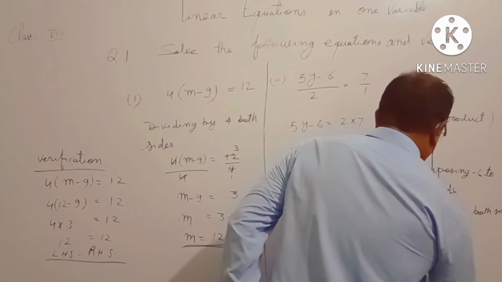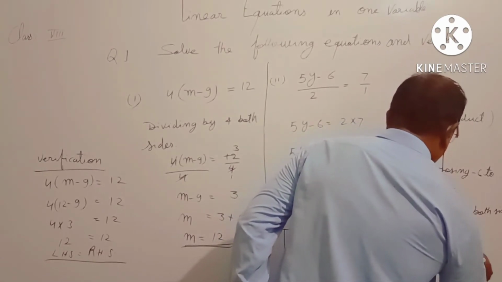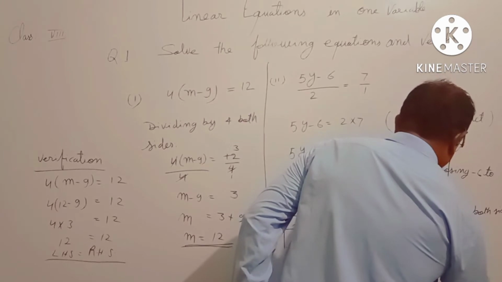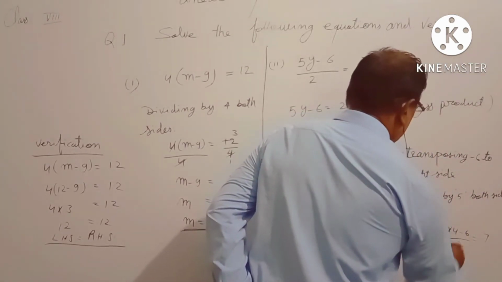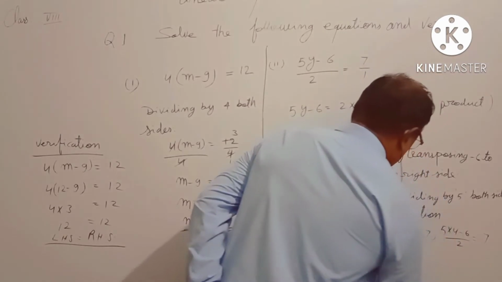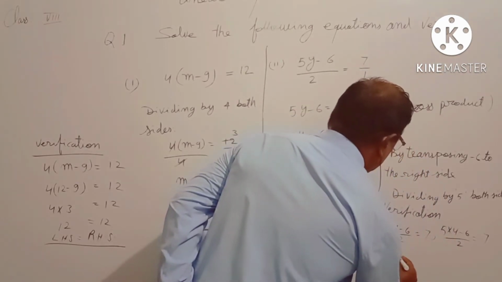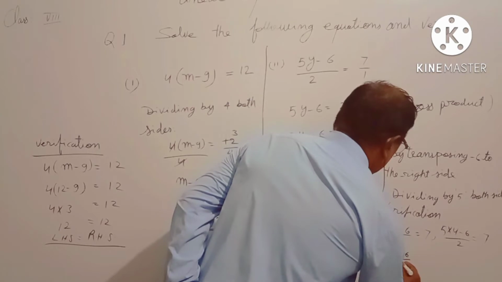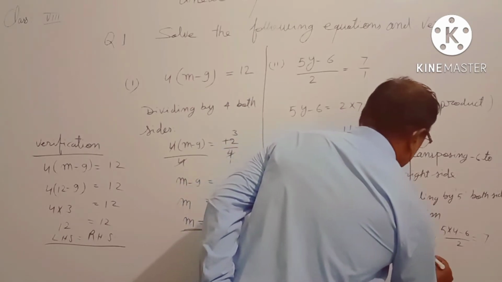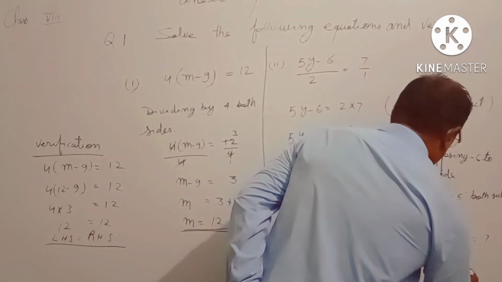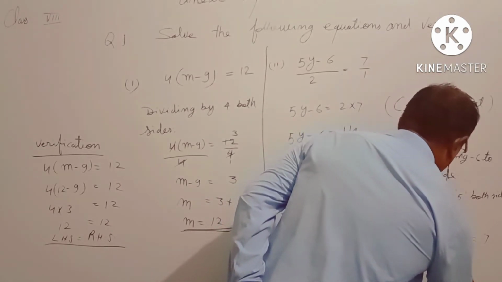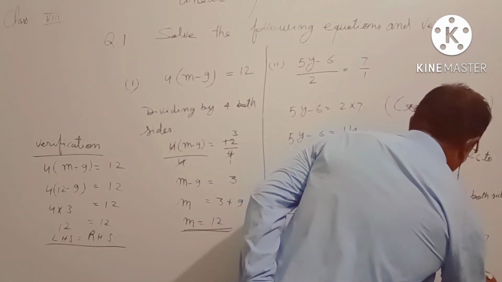So 5 into 4 minus 6 by 2 equal to 7. Now 5 fours are 20. Now we write 20 minus 6 by 2 equal to 7. See here, 20 minus 6 is 14. 14 by 2 equal to 7.